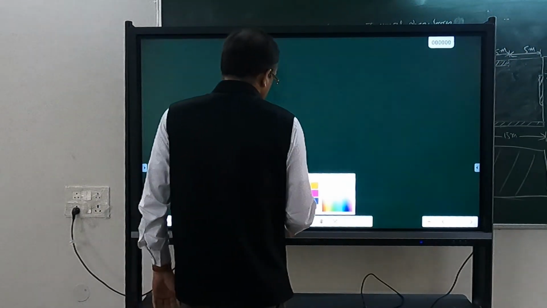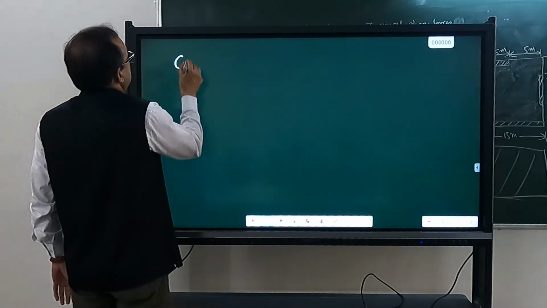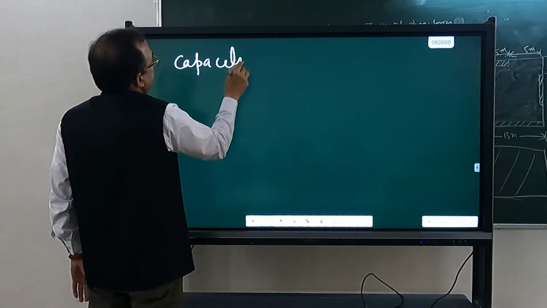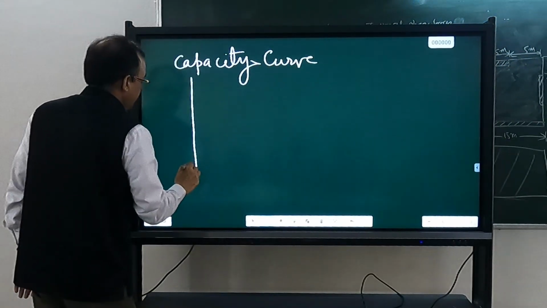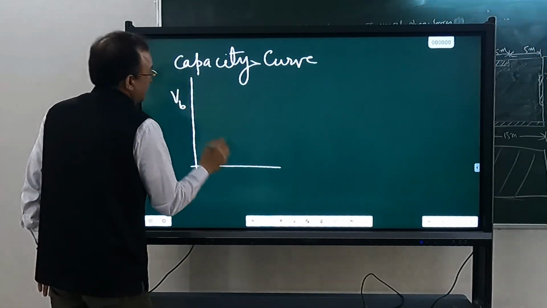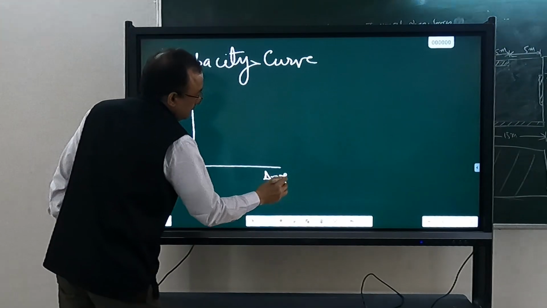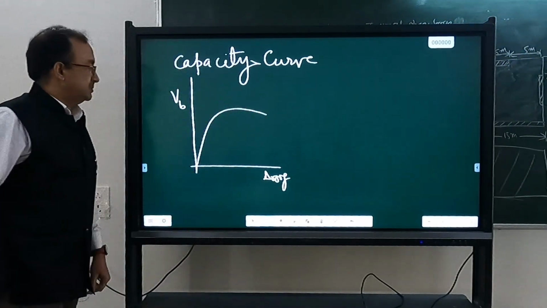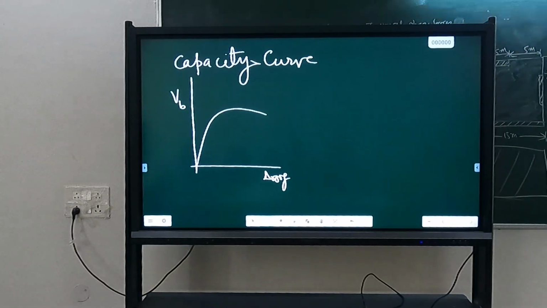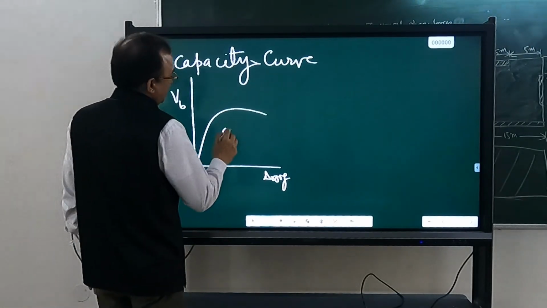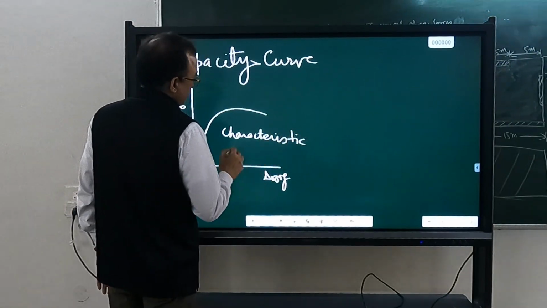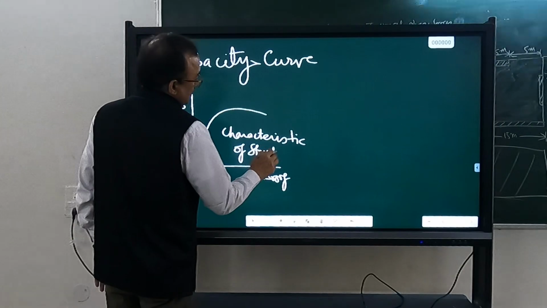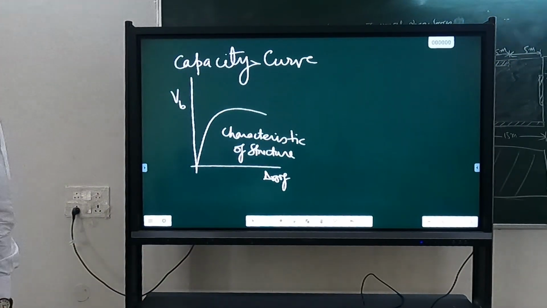So what we have got now is the capacity, which is given in terms of a capacity curve, and the capacity curve is nothing but base shear versus delta roof. We get a curve. This is the capacity curve of a structure. It is the signature of the structure, a characteristic of a structure.